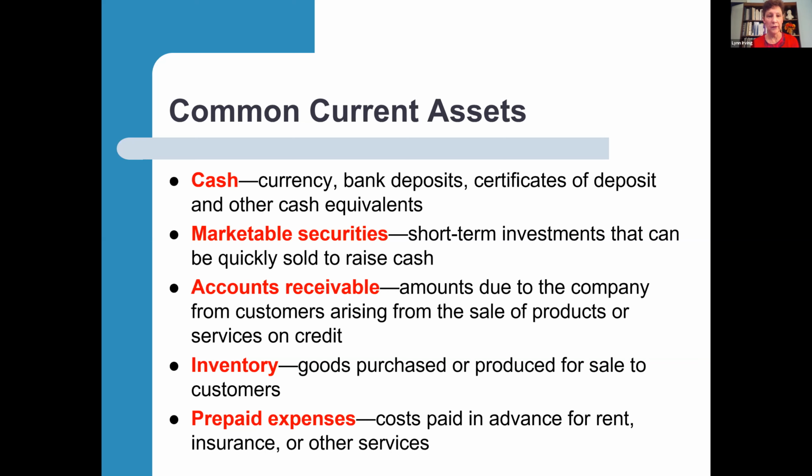So if I make a sale today, I give them 30 days to pay me in cash. When you do that, and we're going to look at that as part of accrual accounting in just a minute, you have the revenue, but you don't have the cash yet. But you do have an asset.